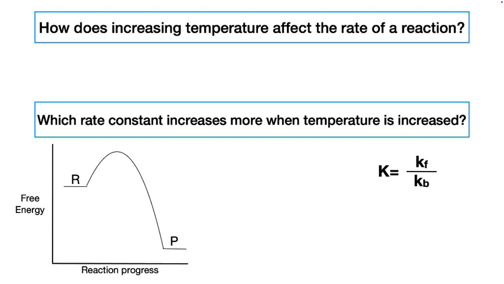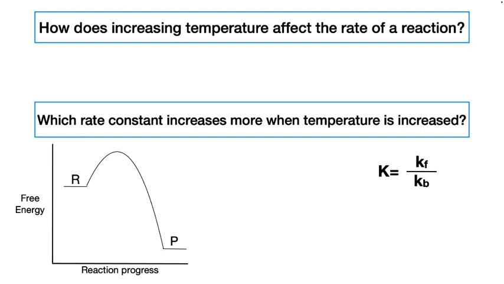What does that mean? What's going to happen to our K? Because when we increase that temperature, and I would argue it's based off our energy diagram, if we increase our temperature, what's going to happen?